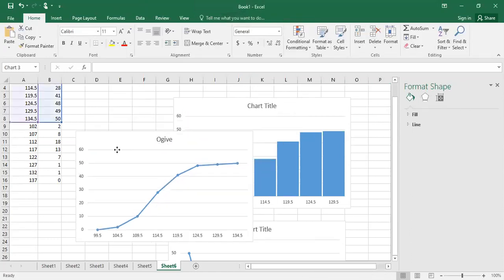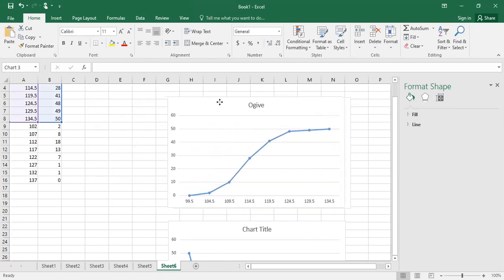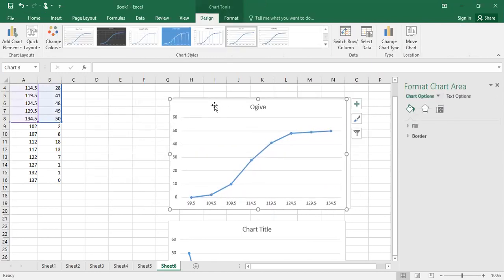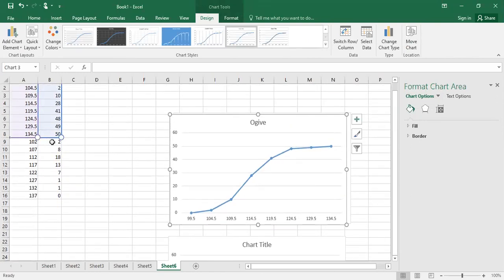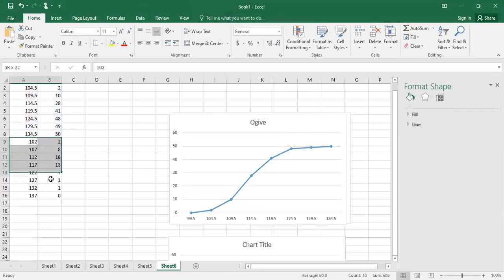So we can move it elsewhere. You can copy this and paste it on your Word document in case you are doing some work on Word. This is how we make an ogive. It is a cumulative graph. You can see that ogive and frequency polygons are essentially the same.